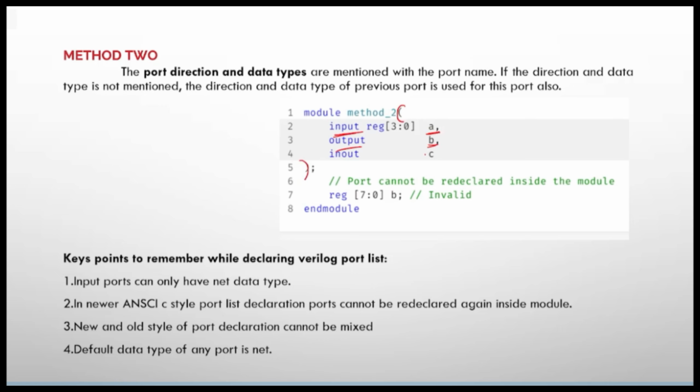But don't mix and match both things. That means don't declare within the parenthesis and also inside the module, because it will throw you an error. We should use either this method or that method, not both at a time, right? So this is how you will be declaring the ports.